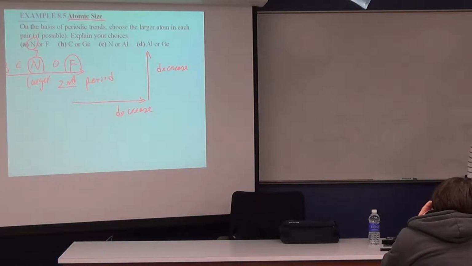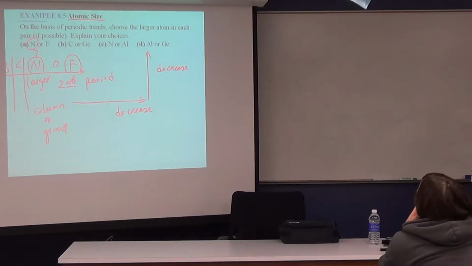The next pair is carbon and germanium. Carbon is in the so-called column, also called the group, on the top. Carbon's atomic number is 6, so these 7 and 6 are the atomic numbers.